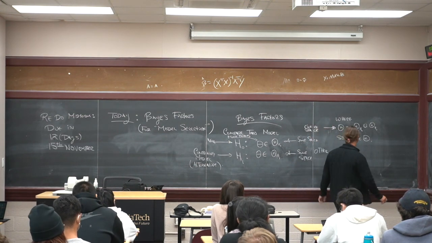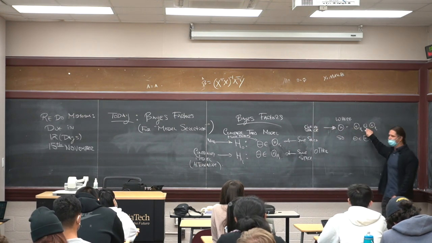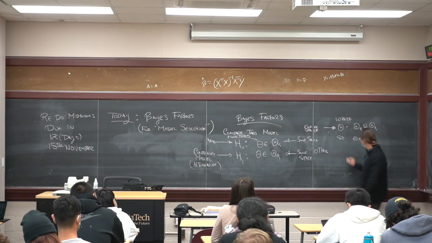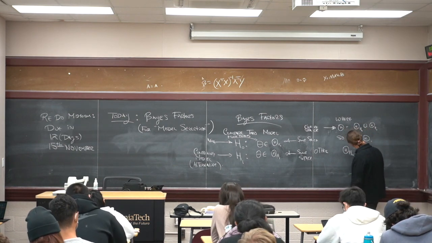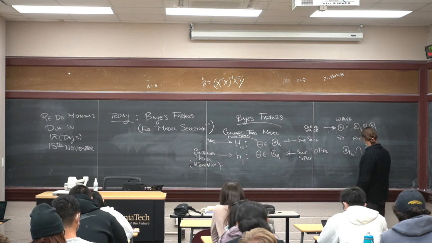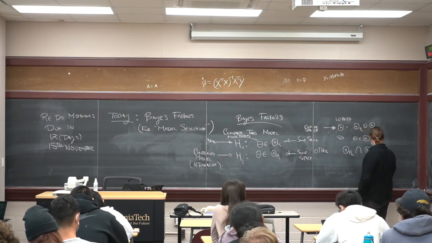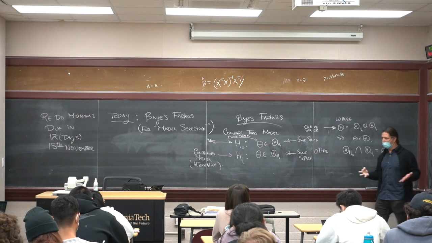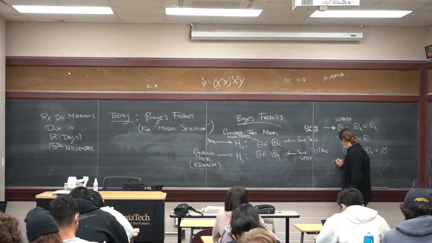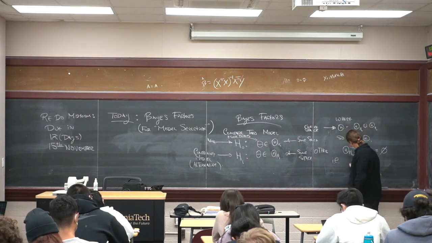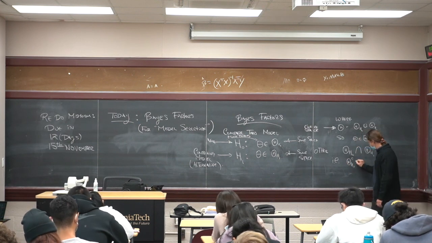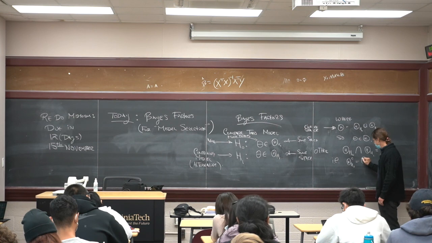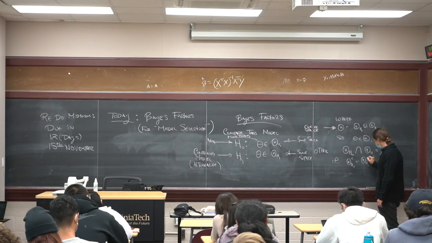I should also probably say that there's no overlap between these two things. So theta H naught intersect theta H1 is null, i.e. the complement of theta H naught is theta H1.